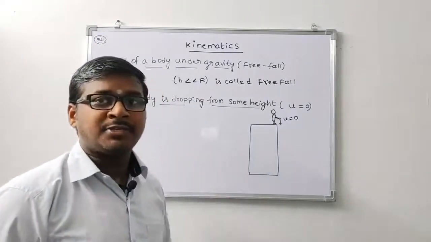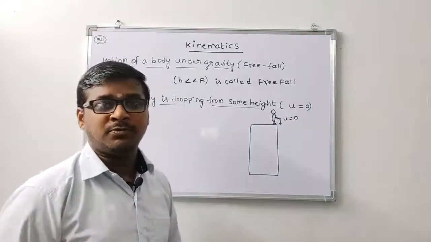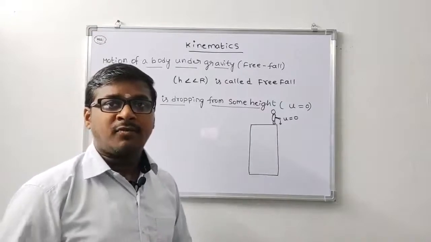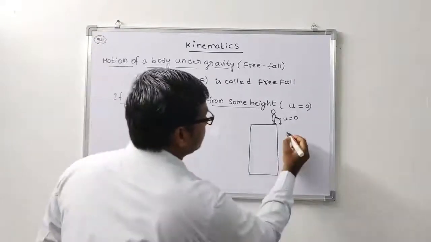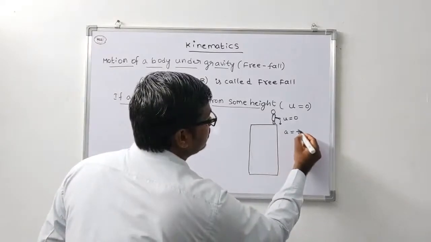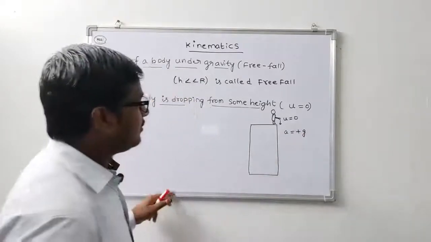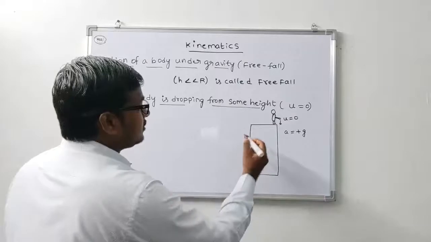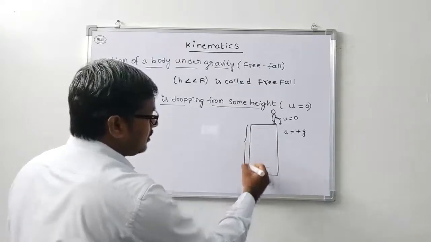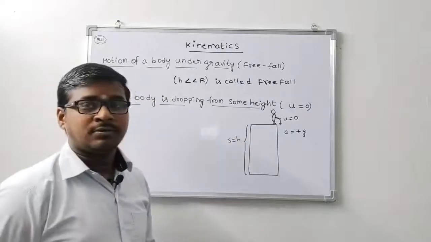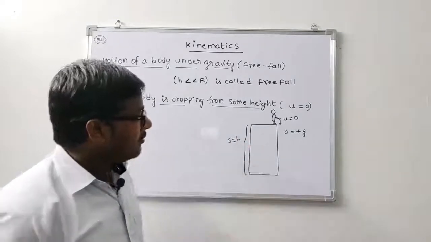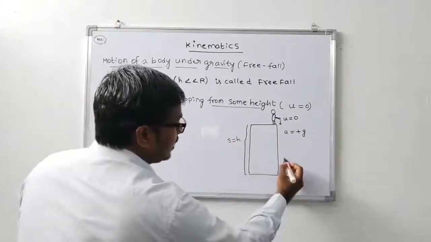The acceleration due to gravity is positive, as the acceleration and the motion are both in the downward direction. A is equal to plus g. The displacement s is equal to h, and the velocity continuously increases.